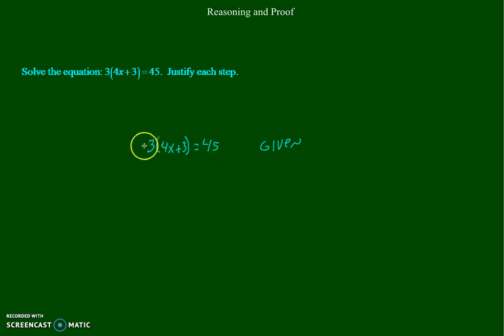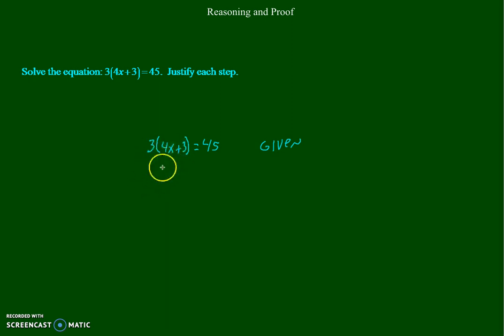We can either distribute the 3 inside these, or we can divide both sides by 3. It really doesn't matter one way or another. I would probably opt to divide both sides by 3, but then we wouldn't get to use the distributive property. So let's go ahead and distribute the 3 to each one of these two terms.